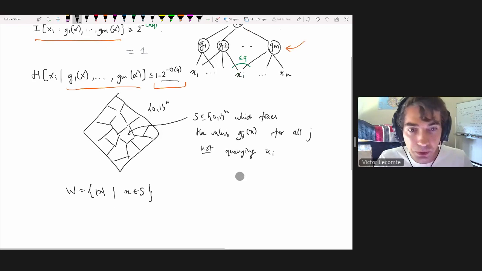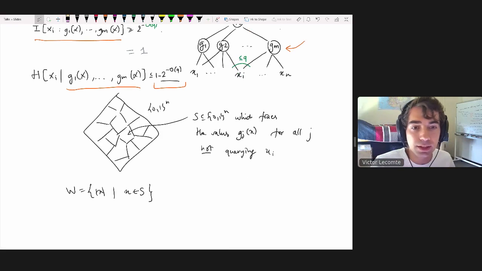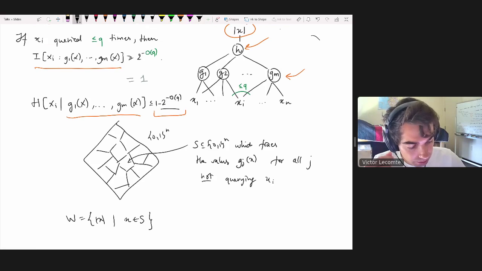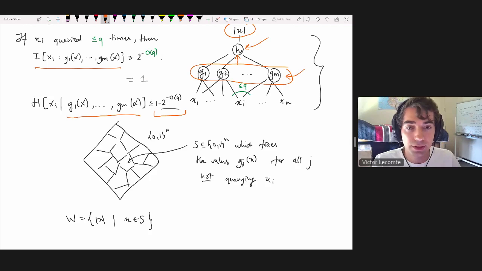In the proof with q equals 1, we observed that there are only 2 possible values because we knew all but one of the subfunctions, the one that did query xi. In this diagram, if we know all the values g1 through gm, then we can plug them into h and get the value of the Hamming weight.